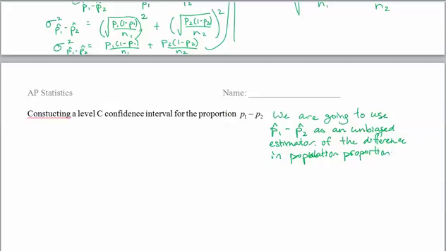Okay, so you will recall a confidence interval is given as our estimate plus or minus the margin of error.